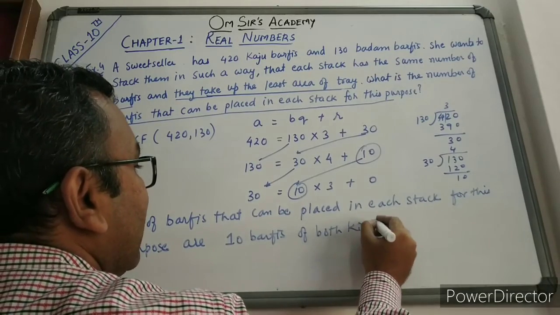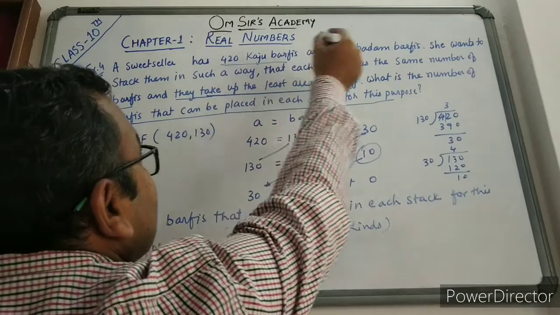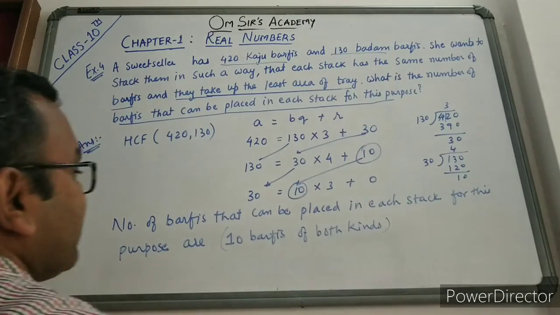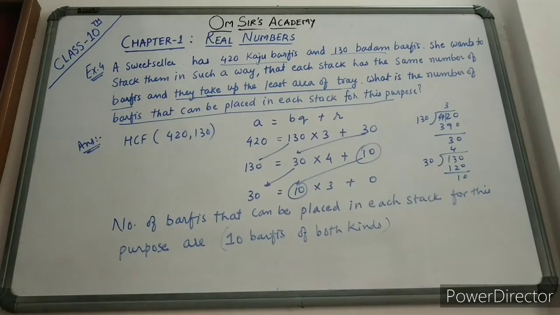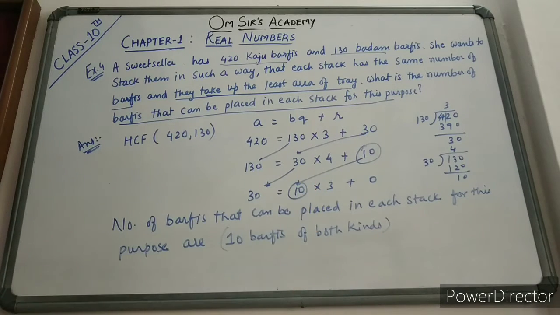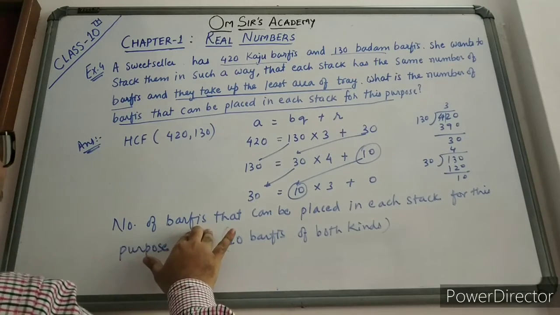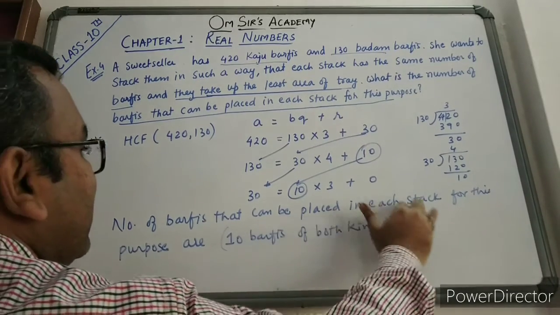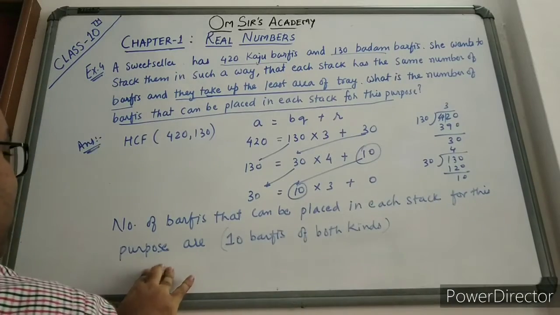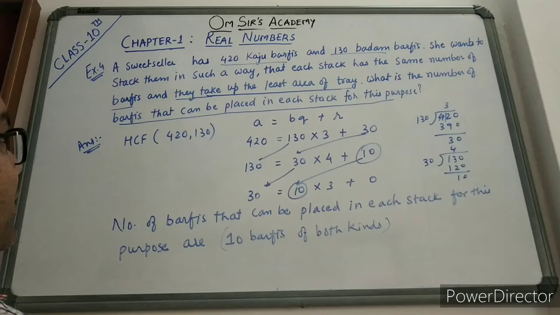Because here there were two kinds of Burfis. Which ones? Kaju Burfis and Badam Burfis. Okay, so the HCF of these two numbers we got is 10. Is it clear? So the answer is that the number of Burfis that can be placed in each stack for this purpose are 10 Burfis of both kinds.